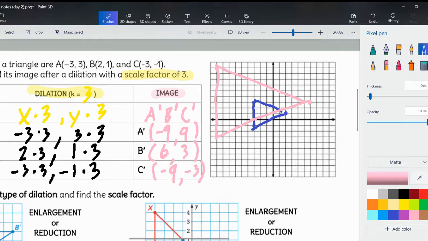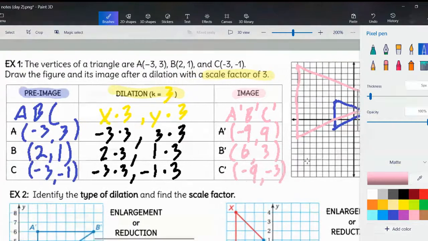So this left side over here, if we count up, it's going to be 1, 2, 3, 4. Would be 1, 2, 3, 4, 5, 6, 7, 8, 9, 10, 11, 12. On the left side here, it's 3 times as big. You could do that with the top side and the bottom side as well, if you could figure out the distance for those. But I guarantee you they're going to be 3 times as big, as long as all of our math is done right, which I'm 90% sure it is.